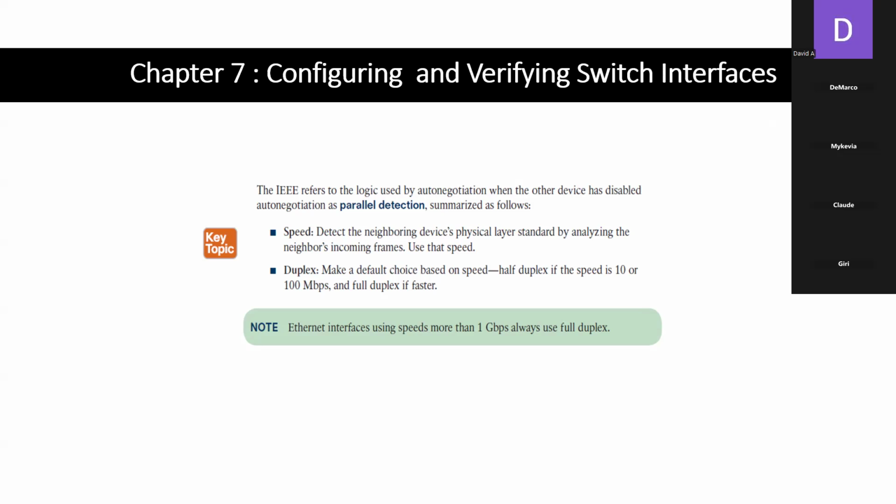Just to read off the PowerPoint, to summarize: for speed, detect the neighboring device's physical layer standard by analyzing the neighbor's incoming frames, layer two, and use that speed. For duplex, make a default choice based on speed: half duplex if the speed is 10 or 100 megabits per second, full duplex if faster.